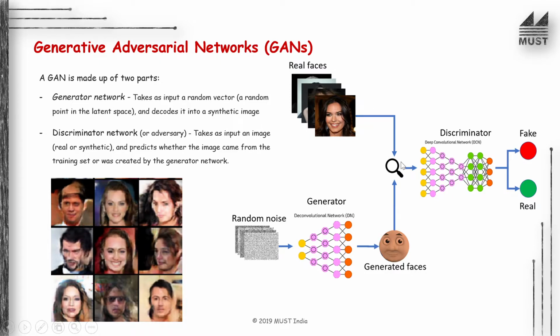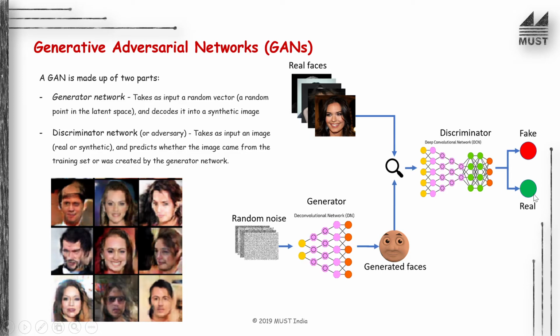These two are then fed into your discriminator network. It takes your input image, both real and synthetic, and tries to predict whether the image is real or fake. For the initial case, since your generated face looks very naive and very basic, your discriminator network can easily classify it as a fake image.